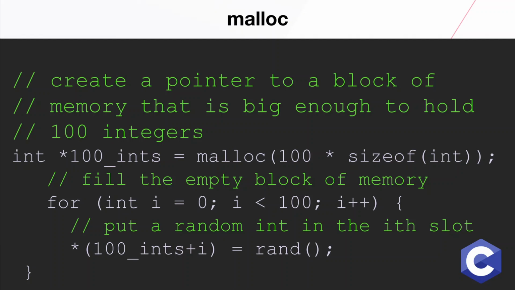And then I'm dereferencing my pointer because I actually want to change the value. I want to put a specific random integer into that location of memory. And remember, anytime that you're dealing with values, whether you're accessing a value or changing a value, you want to make sure that you dereference your pointer. Okay?